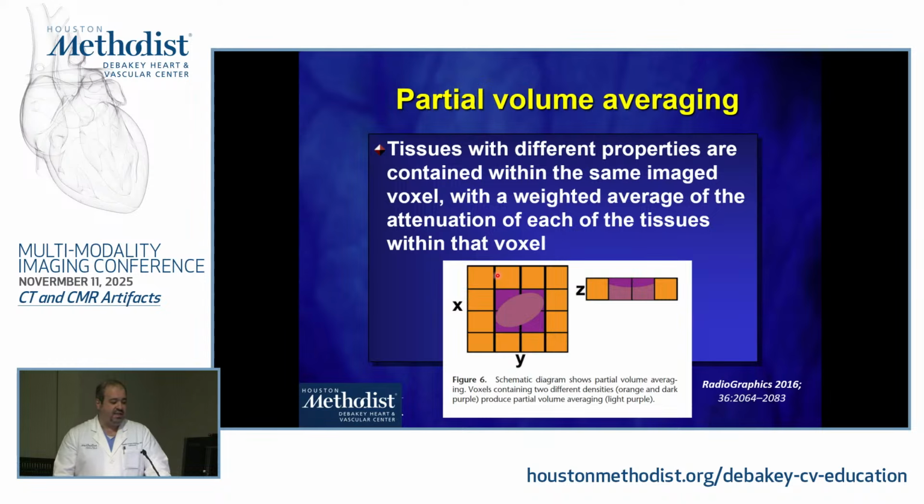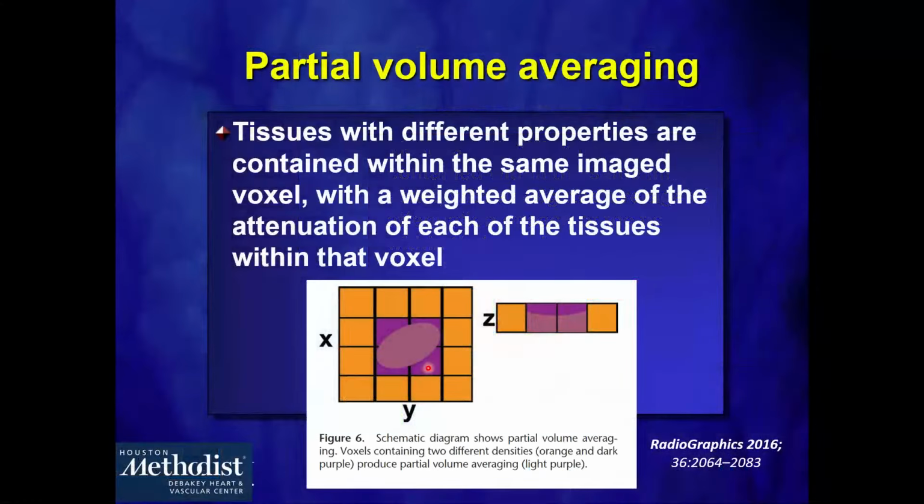So if you take a look at this schematic diagram, you have basically voxels, or pixels, that are in orange, and then you have pixels that are in purple. If the purple has a much higher weighted average, for example, calcium, it has a much higher Hounsfield unit compared to others. What happens when I take a look at it across the z-axis, so that's going to be your through plane, not the in plane, is that you're going to end up with basically a color that's mixed between purple and, let's say, light purple.